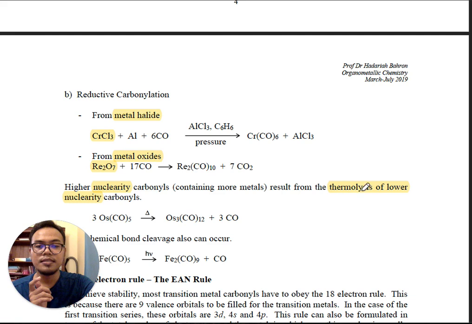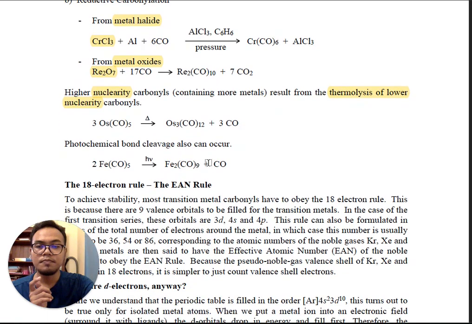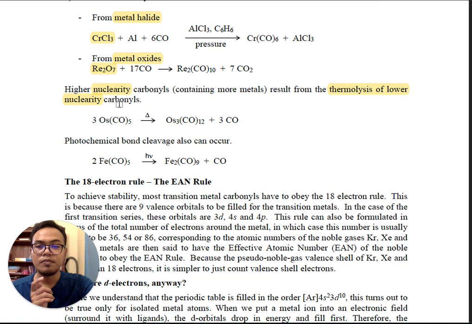And secondly, you are going to get higher nuclearity of carbonyls through photochemical bond cleavage. That's why we are using this symbol. So from one iron, now it has become two iron, or a dinuclear carbonyl complex.